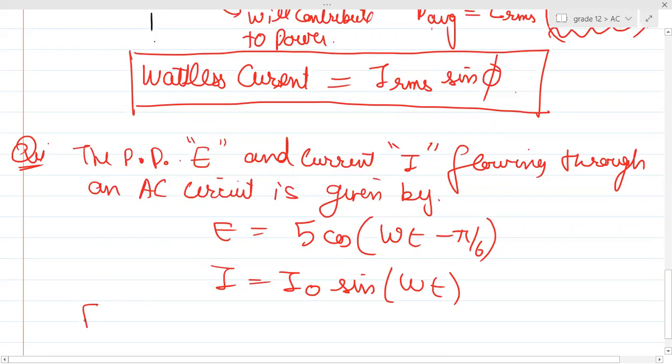Now the question is, find the average power dissipated.